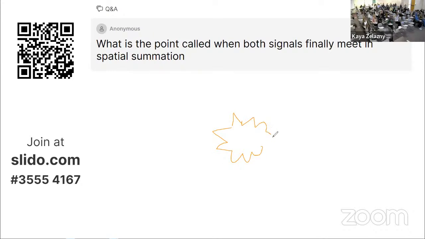And then we have the axon hillock leading us into the axon, which is this tube, and then our axon terminals. So the point at which we're interested in that summation happening is going to be right here in the axon hillock.